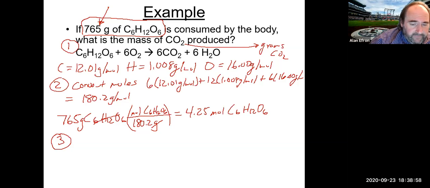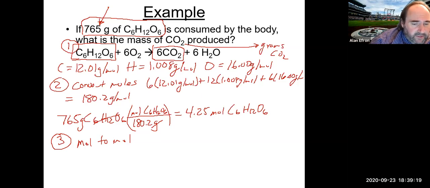We're going to find our mole to mole relationship between the two things we're interested in. So obviously in this case, we're interested in our C6H12O6 that was given to us, and we're looking to find how much CO2 we would have.